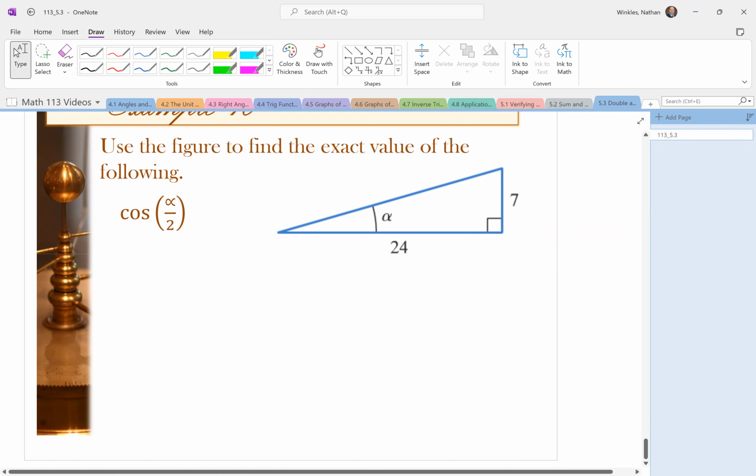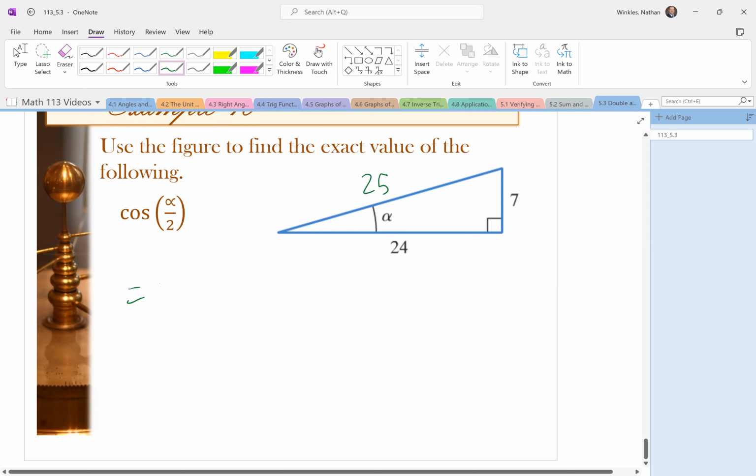Using the Pythagorean identity, we can figure out that this last side is 25. So for cosine of alpha over 2, based off of the figure, we can see that all of these values would be positive.